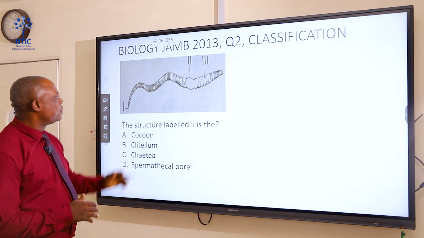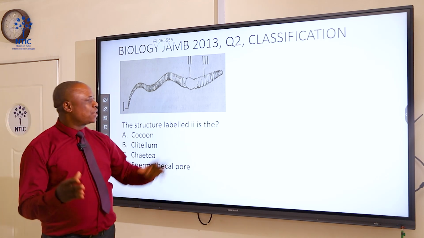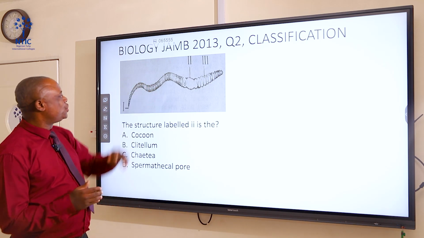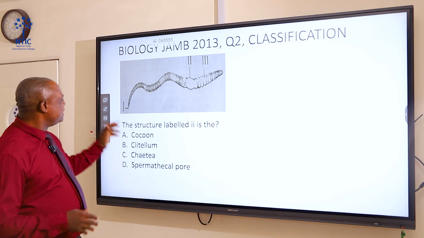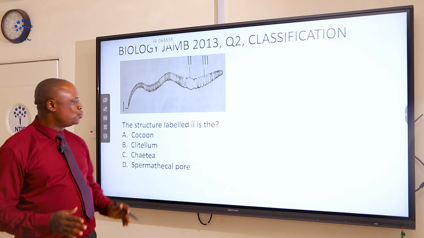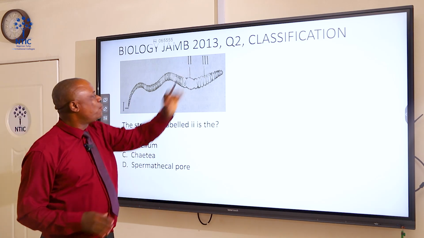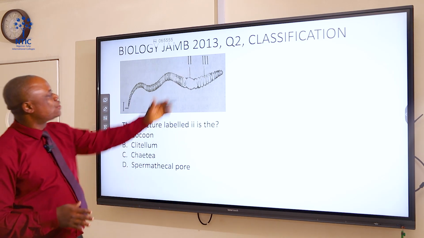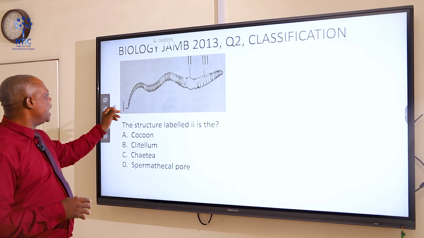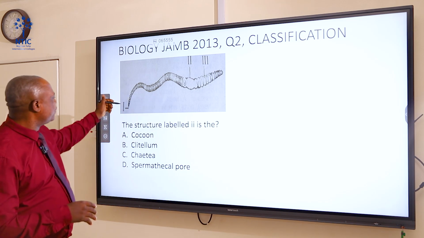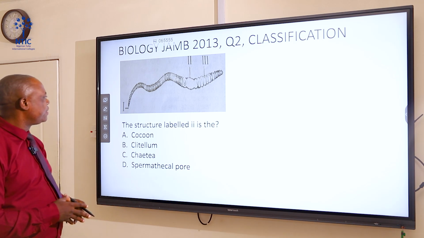Question number 2. The picture on the board shows an earthworm. The question says, the structure labeled 2 is the, and looking at the diagram, we have label 1 just coming from a segment, label 2, and label 3.